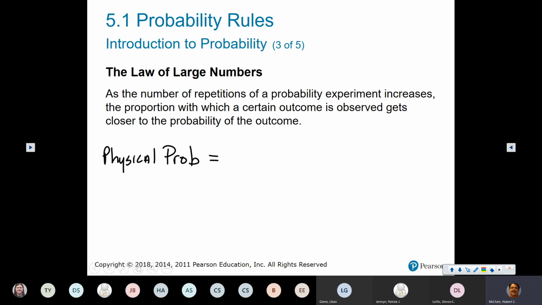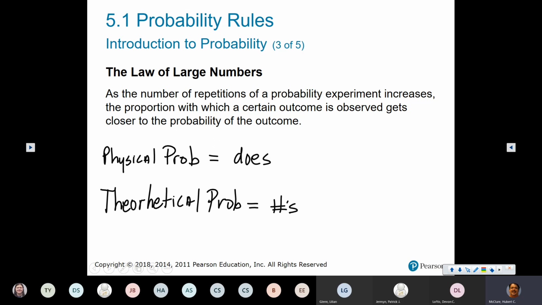Yes. The physical probability is what somebody actually does. And the theoretical probability is based on the numbers.